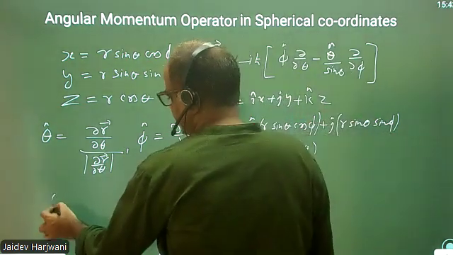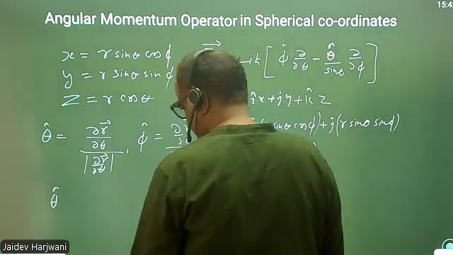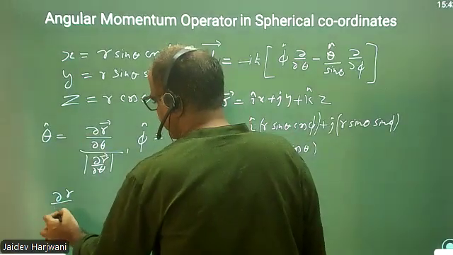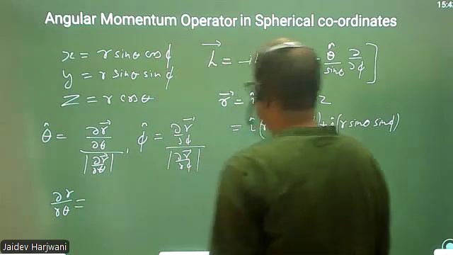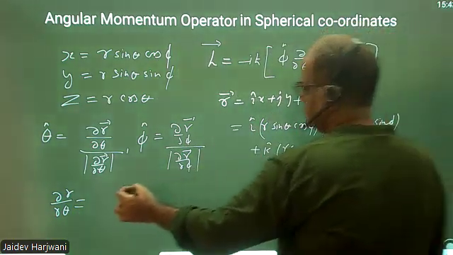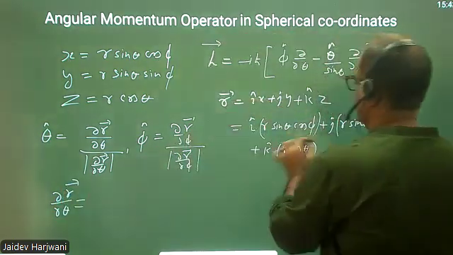So let us first write θ̂. In order to calculate it, let us find ∂r/∂θ, differentiating this equation with respect to θ.